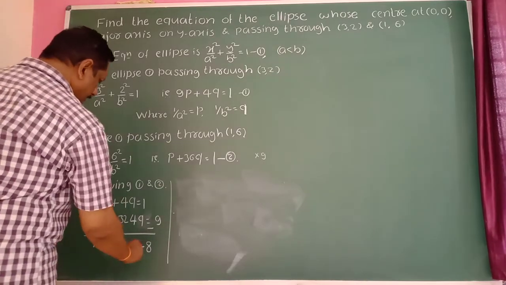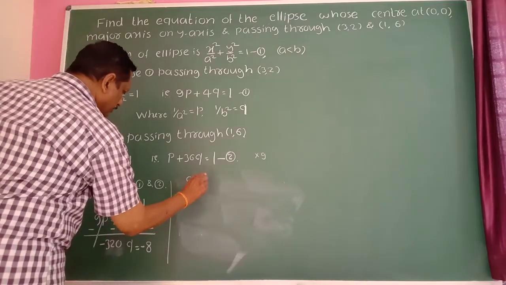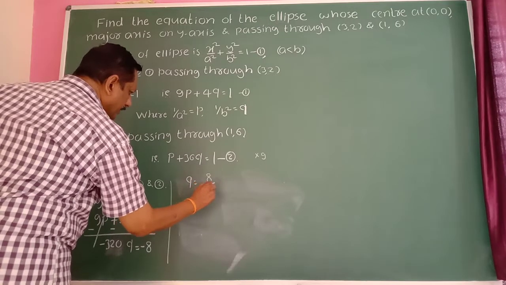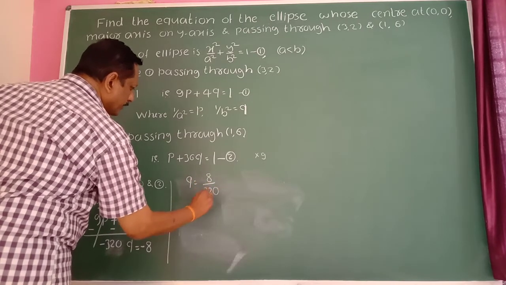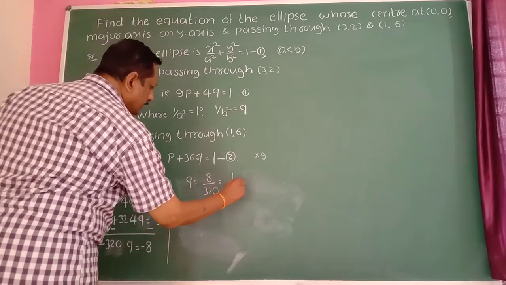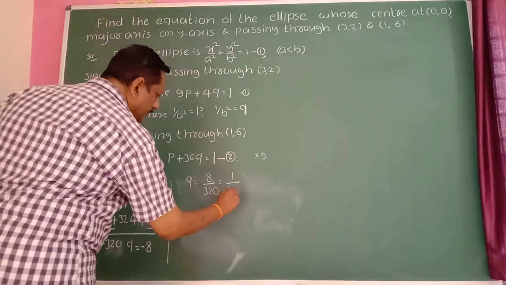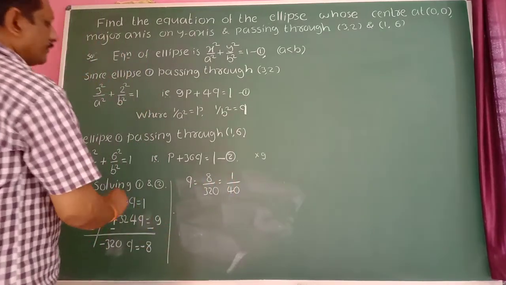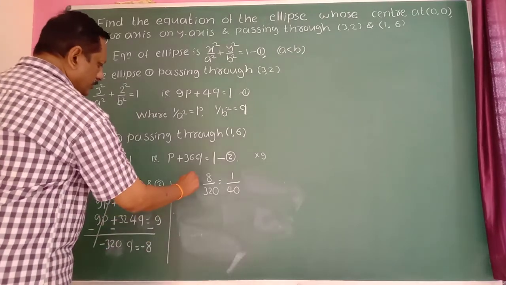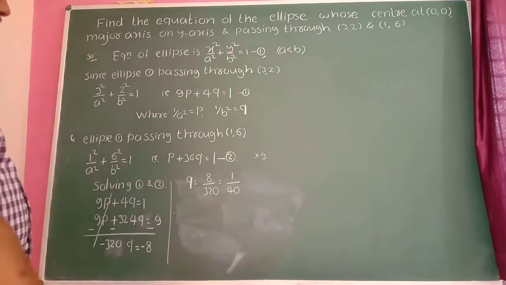So q is equal to 8 divided by 320. Then 8 ones are 8, 8 40s are 320. Therefore, q value is 1 divided by 40.